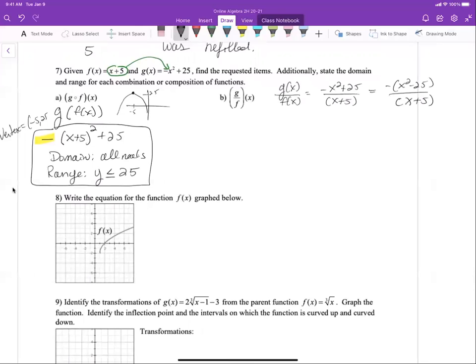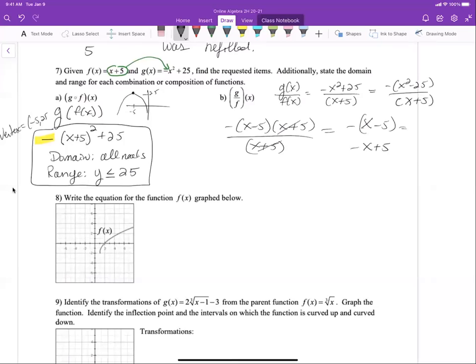The top now is in a form which is a difference of squares. So that becomes x minus 5 times x plus 5 divided by x plus 5. And we can simplify, and this becomes negative x minus 5, and I'll just distribute that negative back through, and that will be negative x plus 5.